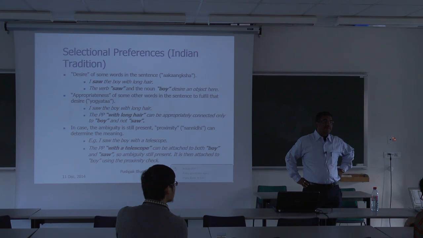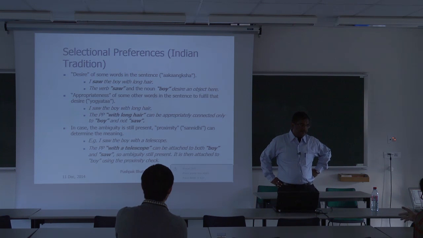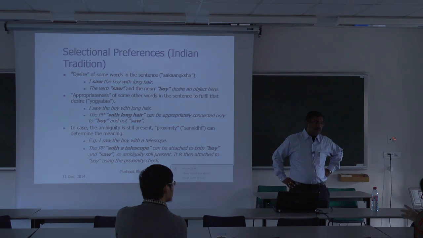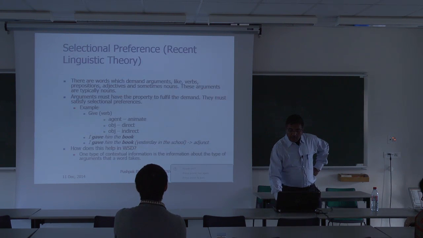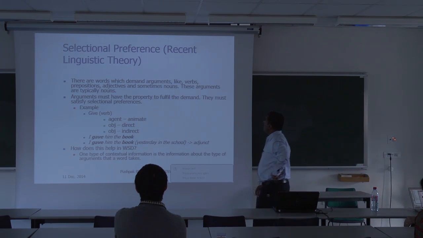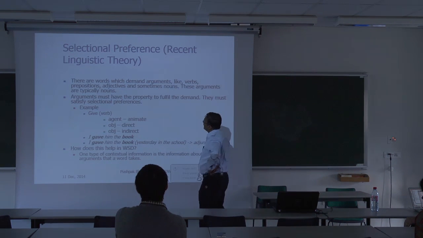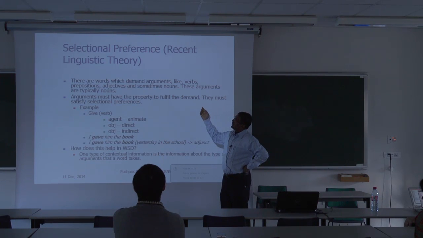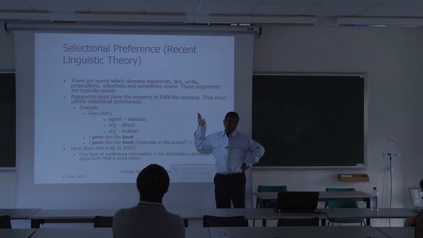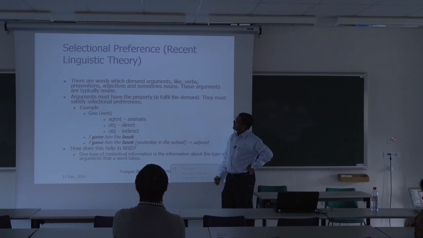Preference semantics, semantic density of graphs representing those possibilities. Now, the recent approaches have been based on what are called arguments and selectional preference.